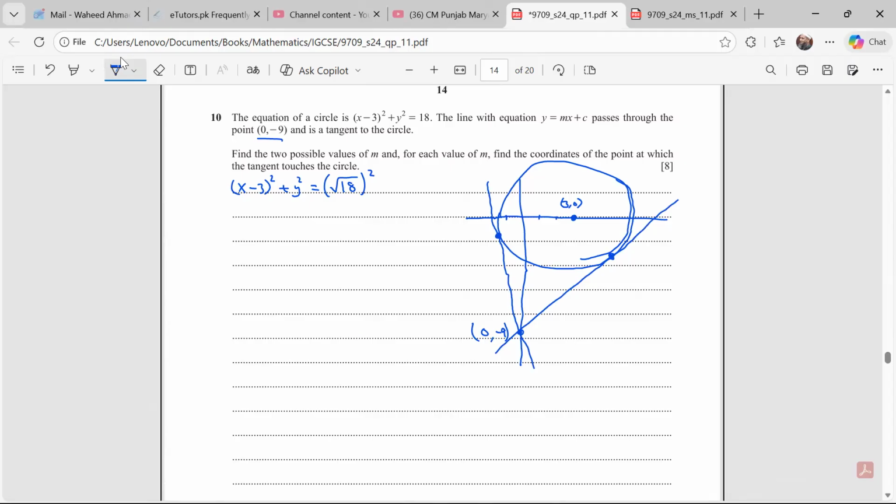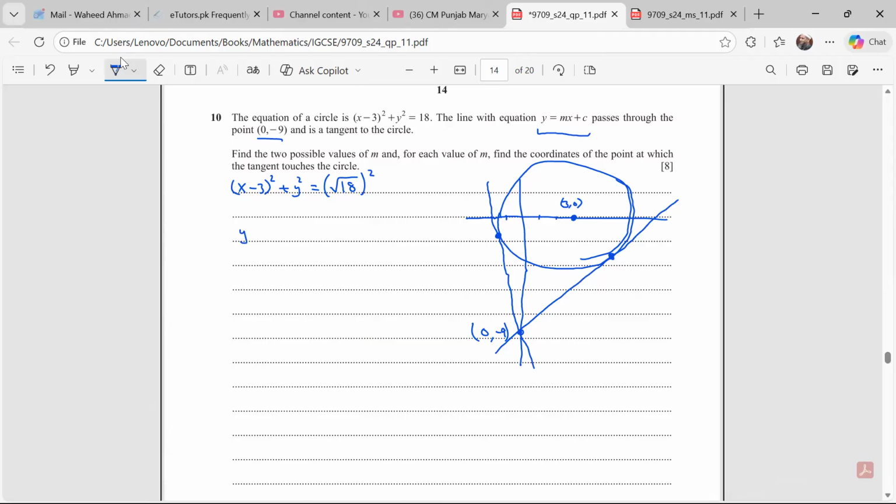Okay, now let's see. We are trying to find the equation of a straight line which is passing through this point, (0, minus 9), and its slope is m. The slope is not known.